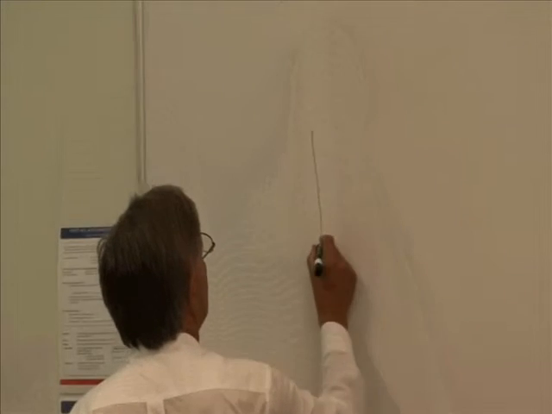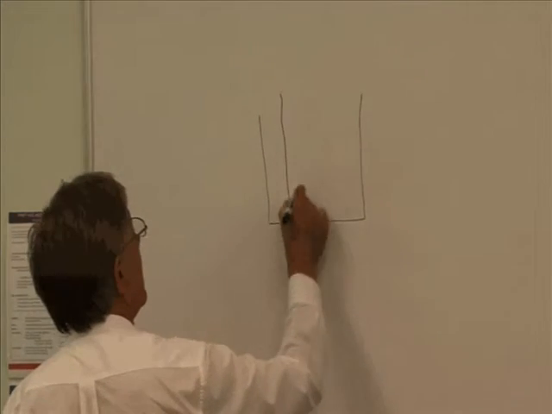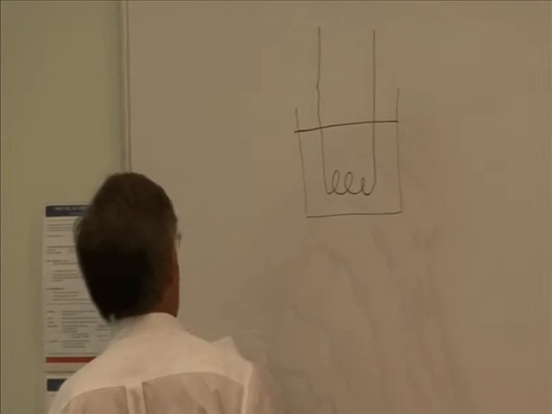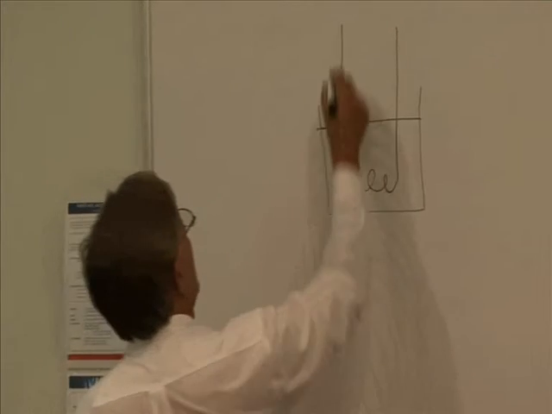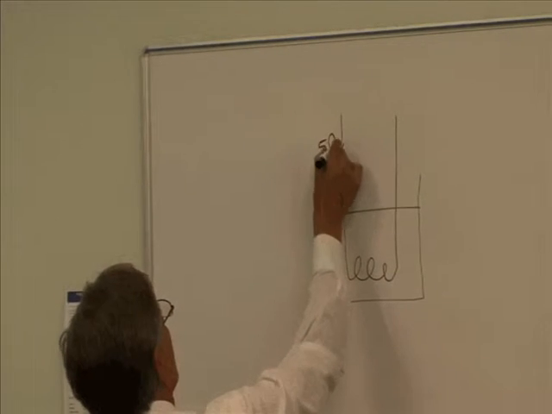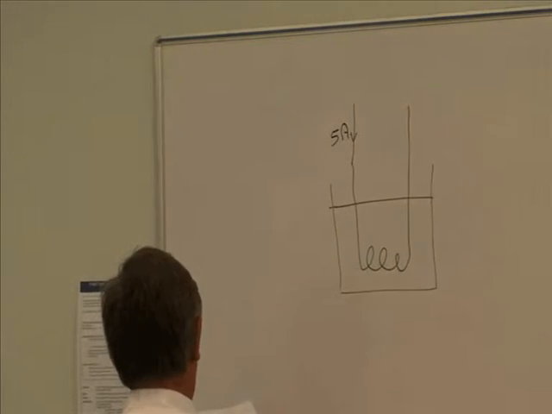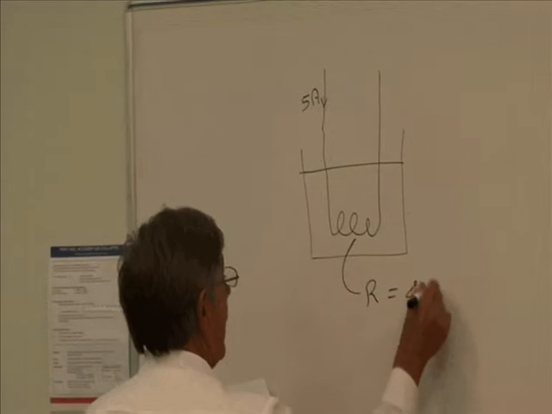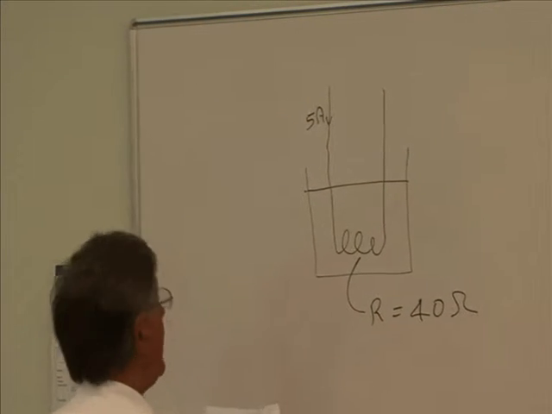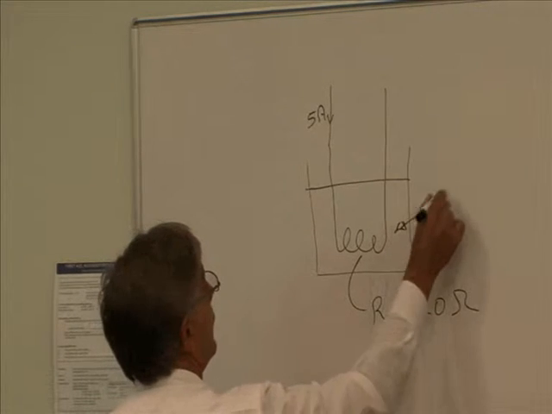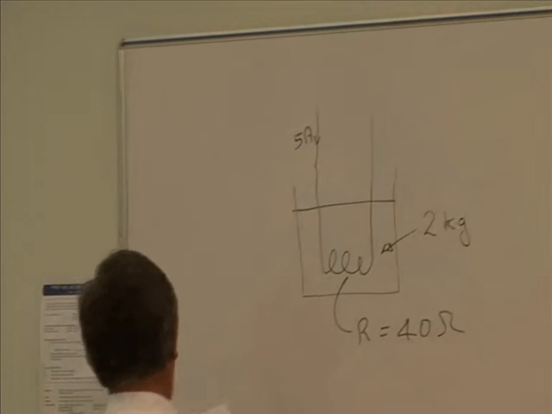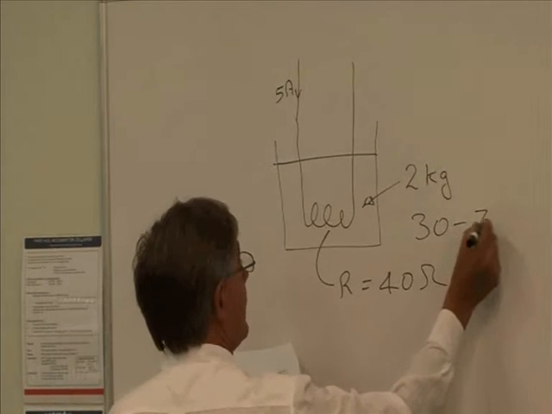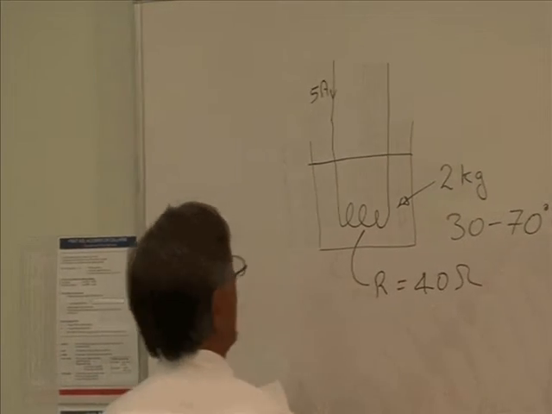We have a container with some sort of heating element in it, and it's got a liquid, and a current of 5 amps passes through the element, and it has a resistance of 40 ohms. We have 2 kilograms of water, and the temperature goes from 30 to 70 degrees centigrade.